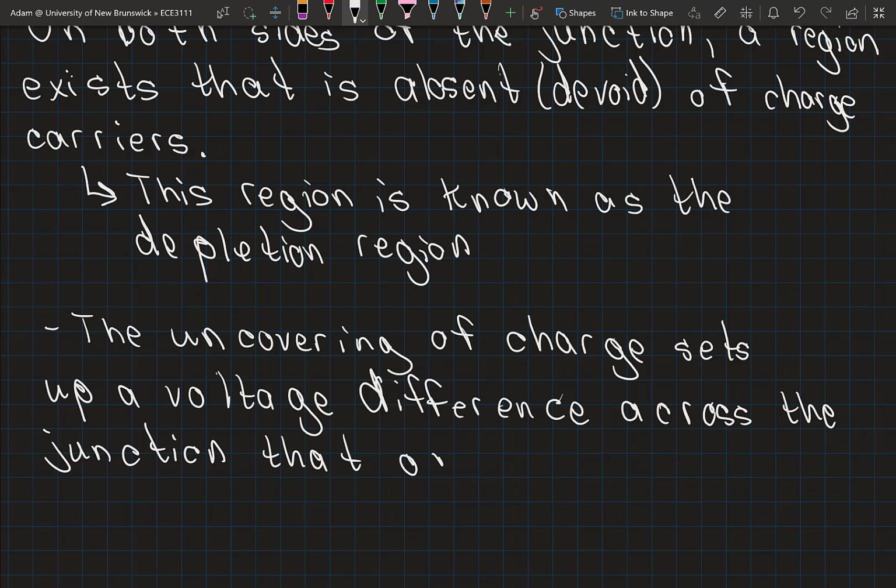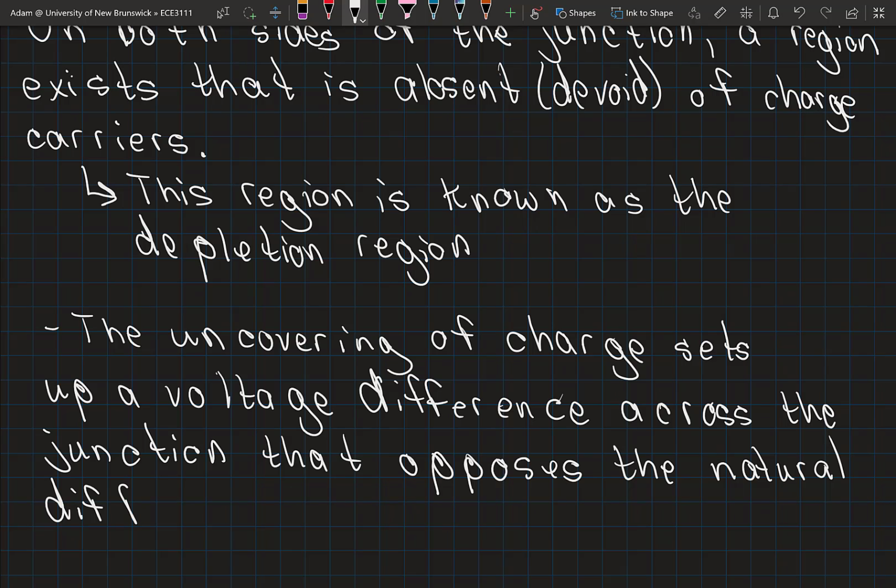And that voltage opposes this natural diffusion process that we talked about happening as a result of these large concentration gradients of majority charge carriers, the holes and electrons.